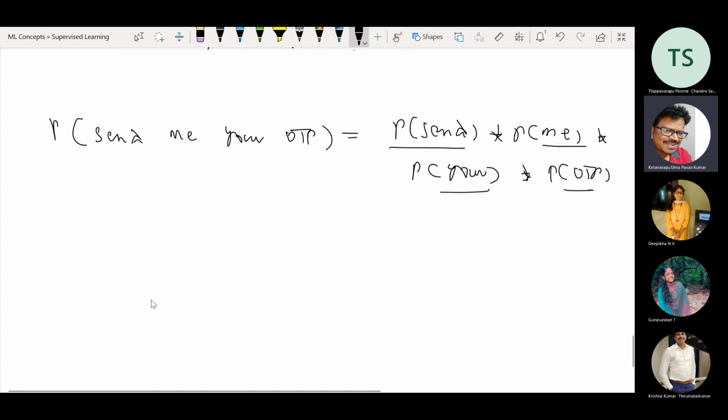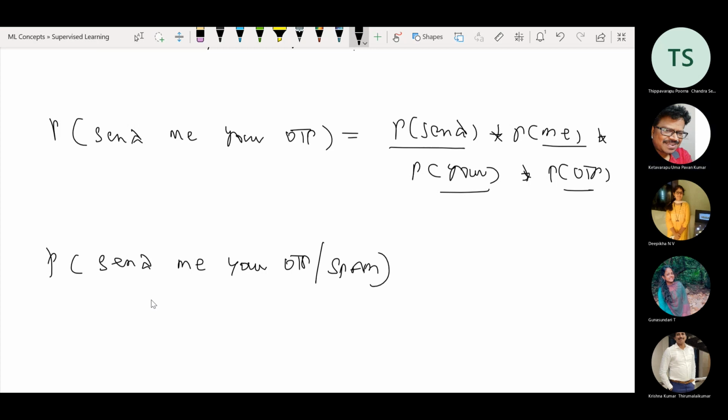Now, if I want to check probability of send me your OTP, whether this is spam or not, because we know some of the statements are spam. Yes, as I expected, a little change in the formula.